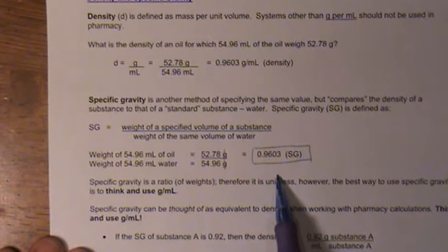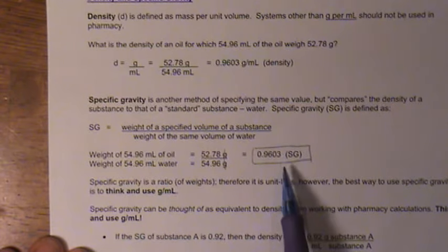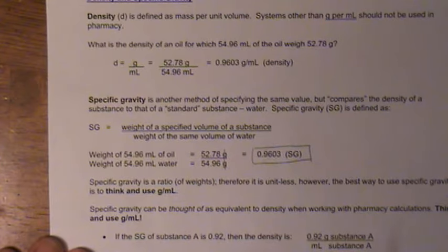Why is this going to be useful? Because you're going to have problems where you have to convert from grams to mil using specific gravity. Just like when I say if you need to use a percent in a dimensional analysis problem, you can convert that to how many grams per 100 mils.